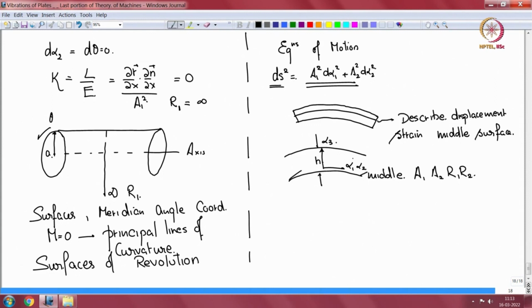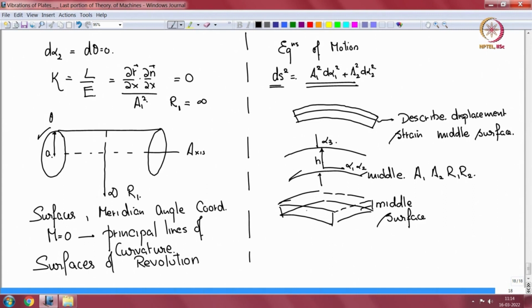So next we will describe a point within the material, away from the middle surface.